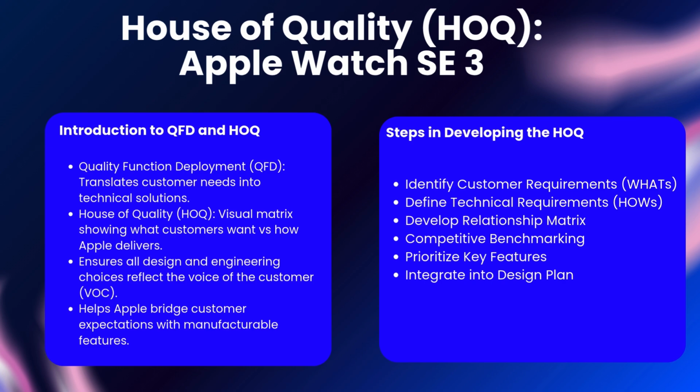The steps in developing HOQ include identifying customer requirements, defining technical responses, and conducting benchmarking to see how Apple compares with competitors. The next steps are prioritizing key features and integrating them into the design plan. Through this process, Apple ensures that its smartwatch not only meets users' expectations for performance and health features but also aligns with sustainability and manufacturability goals.